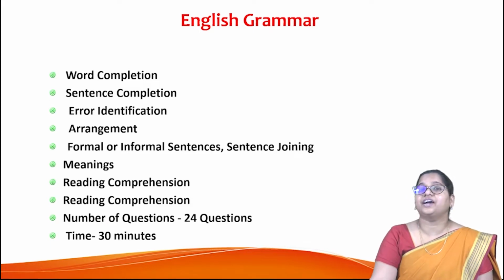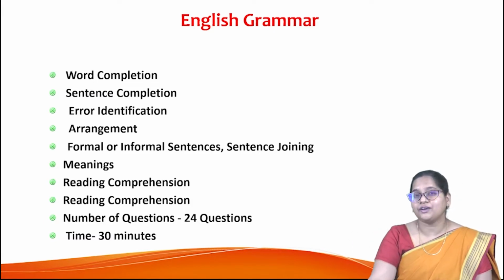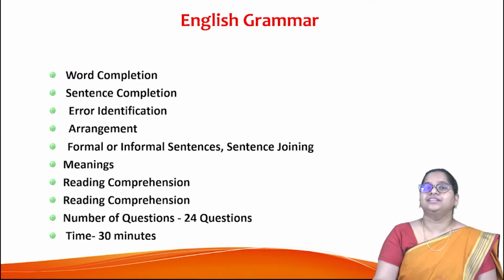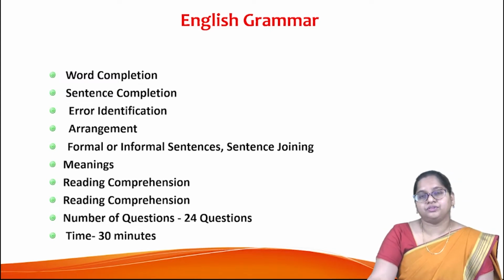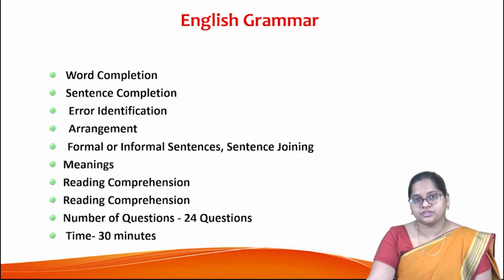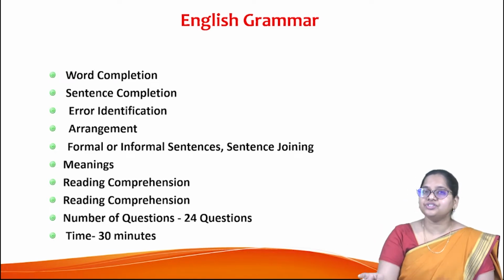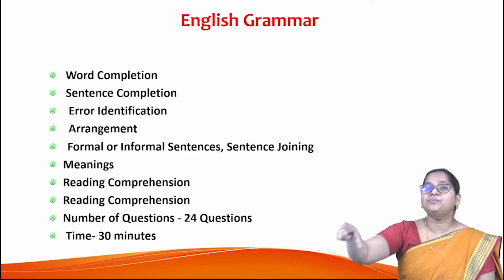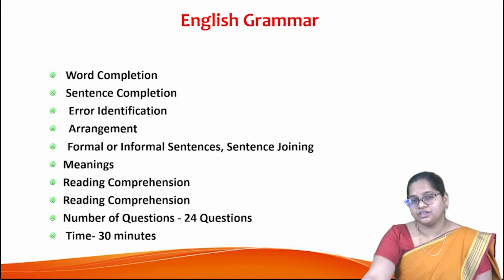Next, error identification. You have to identify the error and choose the right answer given below. For example, there is a sentence and four options are given, out of which one will be the error-free and correct answer. You have to identify that and replace the right word in the place of the wrong word.